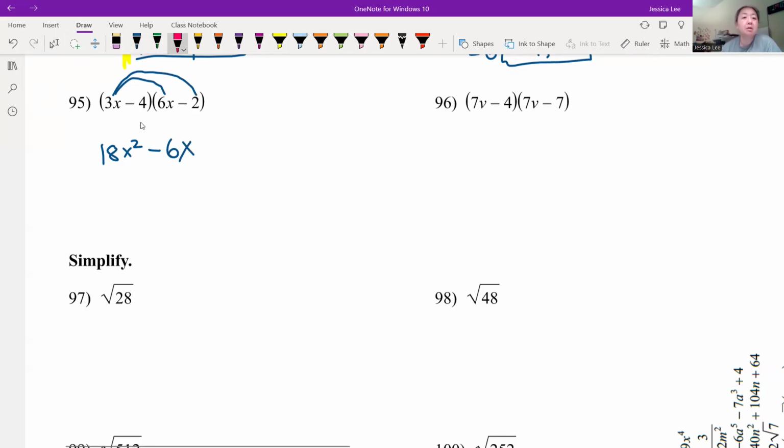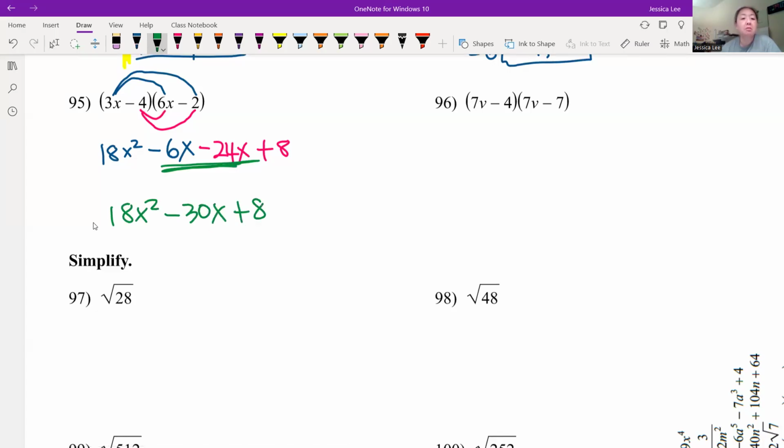All right, and we got negative 4 times 6x is going to be negative 24x. And negative 4 times negative 2 is going to be plus 8. All right, and if we notice right here, we have our two like terms right here. So our answer is going to be 18x squared, minus 30x plus 8.